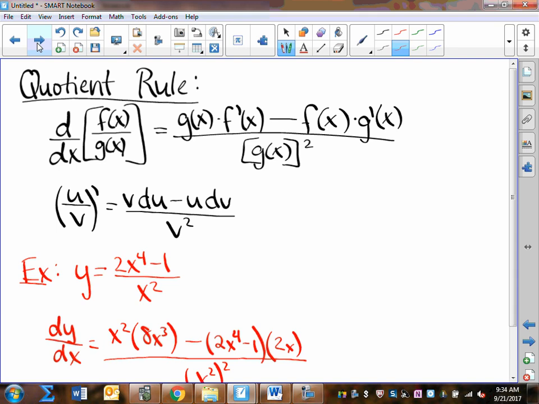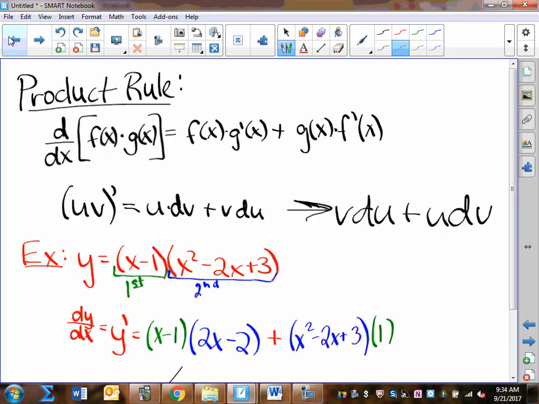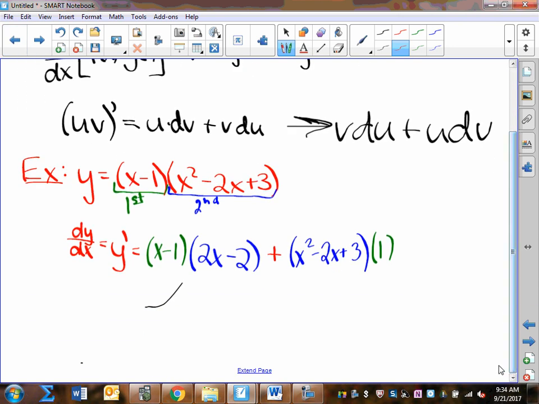Now, I do want to show you one more here with product rule, in which it might not be easier to use product rule, but easier to use polynomials. Say that I have the example 3x squared times 10x to the fourth. Could we do product rule with that? Yes. Two quantities multiplied together.